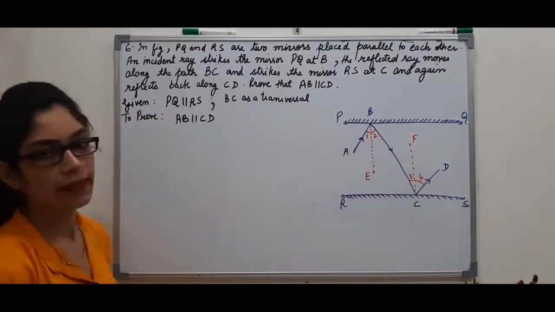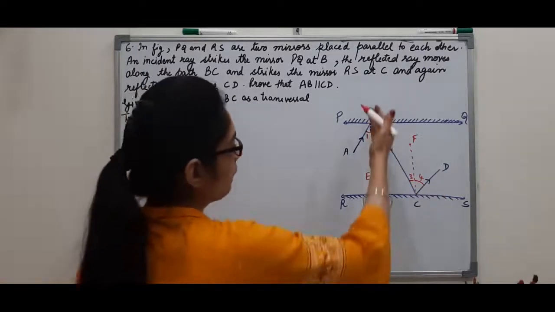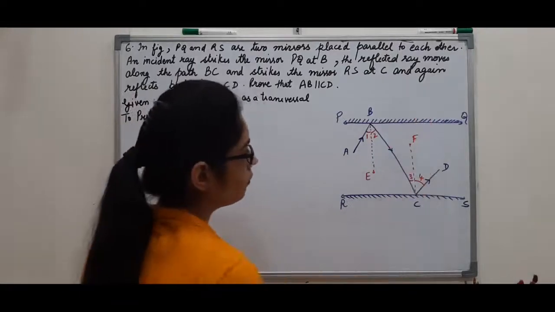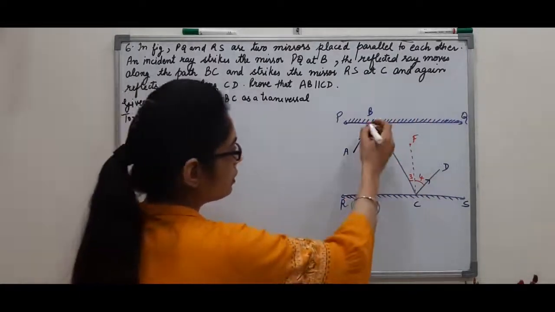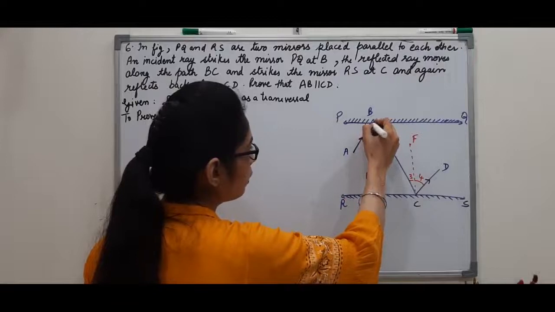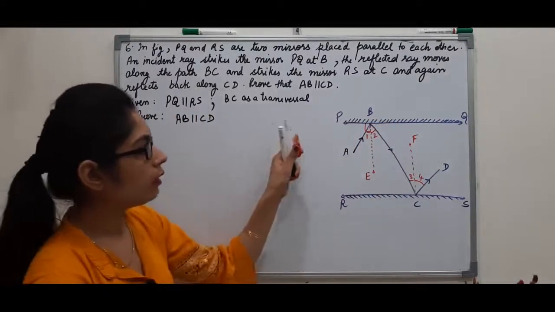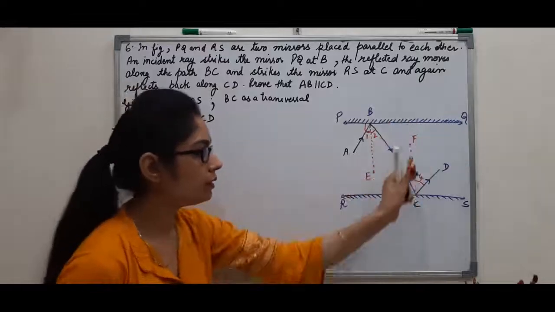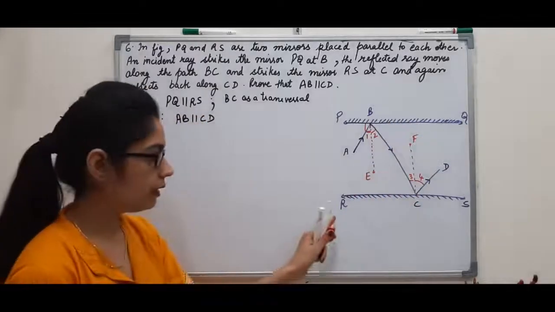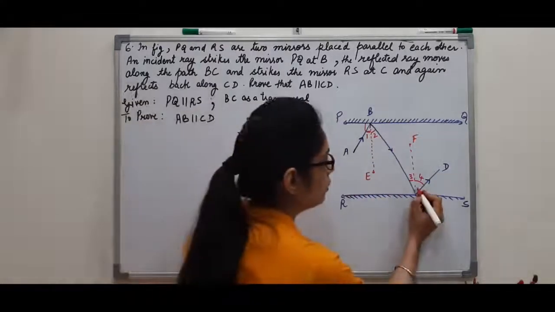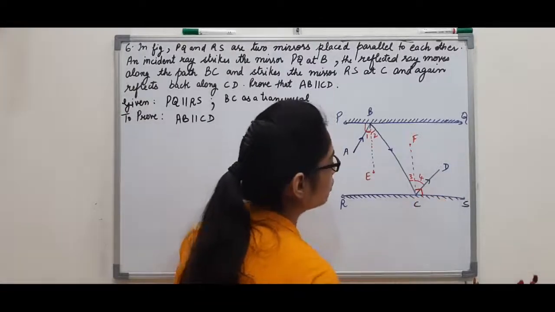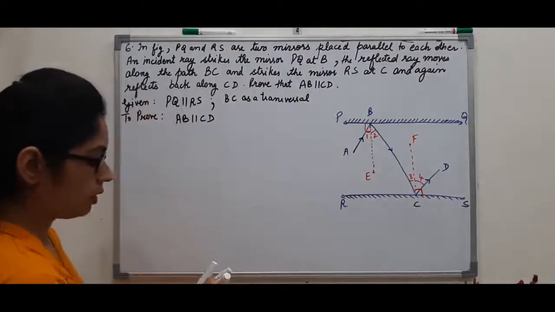See, two straight parallel lines BE and CF we have drawn. BE makes an angle of 90 degrees with PQ, and CF makes an angle of 90 degrees with RS. So we are drawing straight perpendiculars.